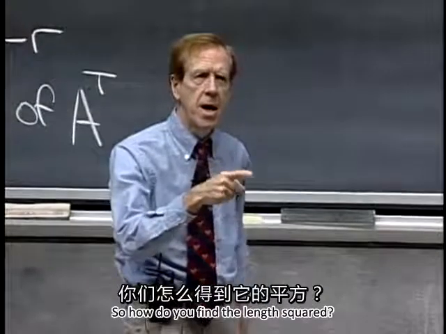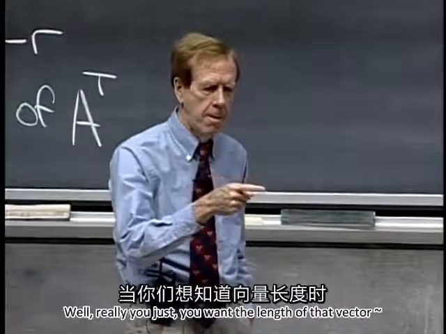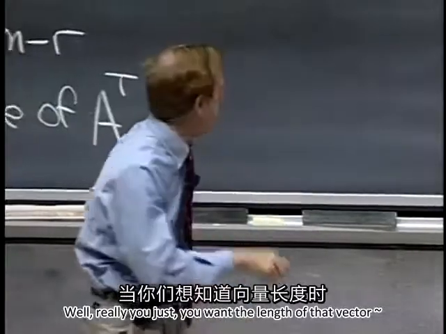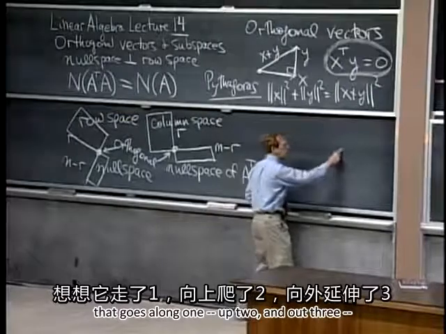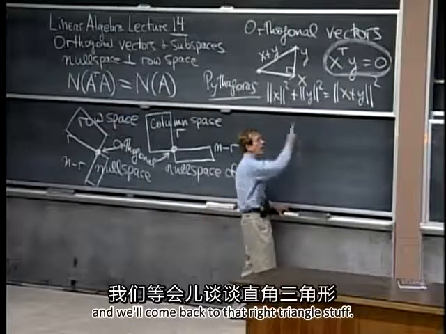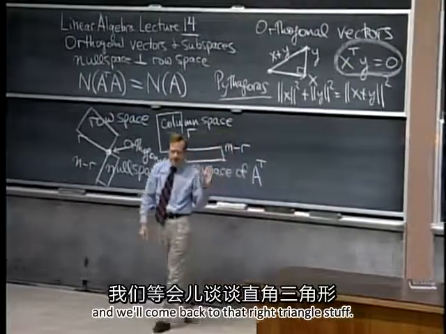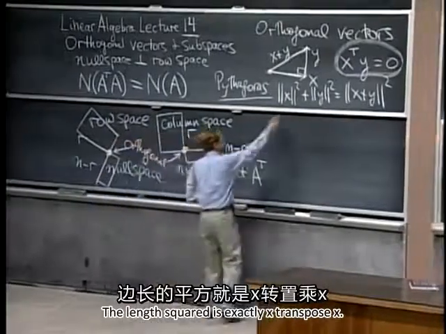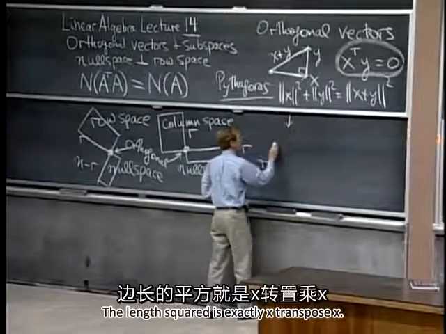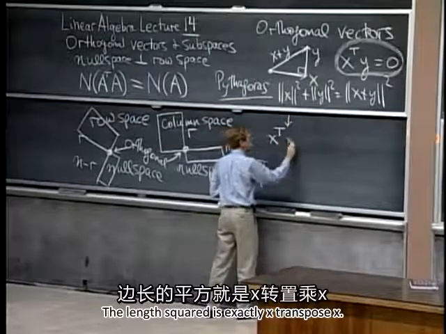So how do you find the length squared? Well, really, you want the length of that vector that goes along 1, up 2, and out 3. And we'll come back to that right triangle stuff. The length squared is exactly x transpose x.